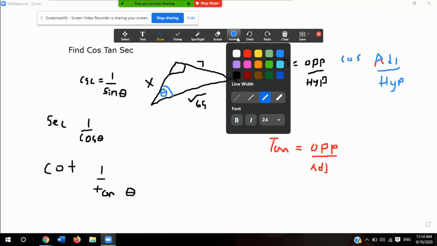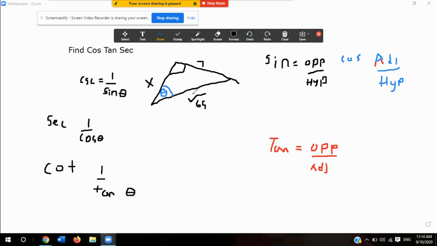Okay, so the first thing we need to do is find the value of the x, or the missing side of the triangle.